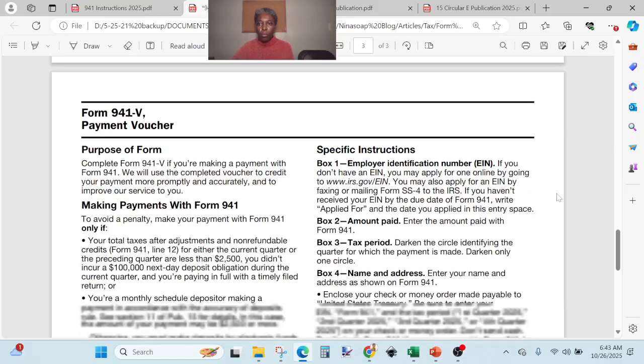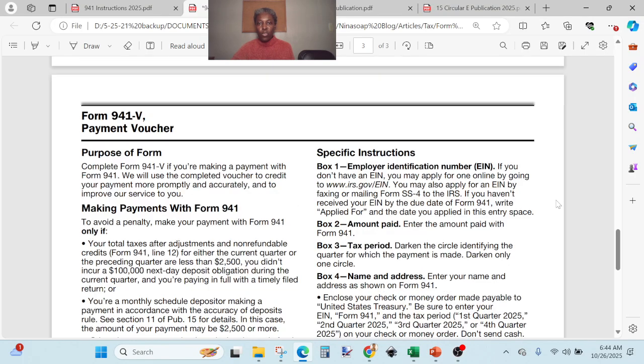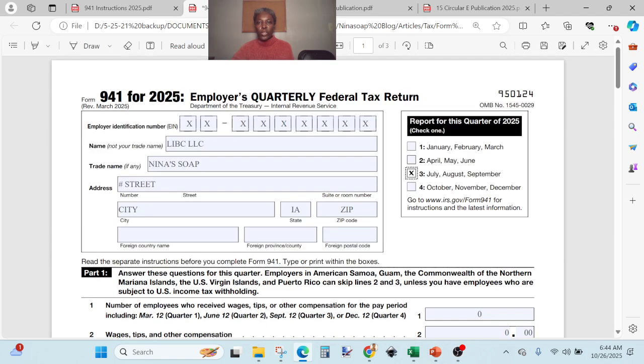I don't know if I'll record a video for quarter 4, and that's why I'm insisting on this. The principle is going to be the same for quarter 4. If you didn't pay wages, you just make sure you check the right quarter then.